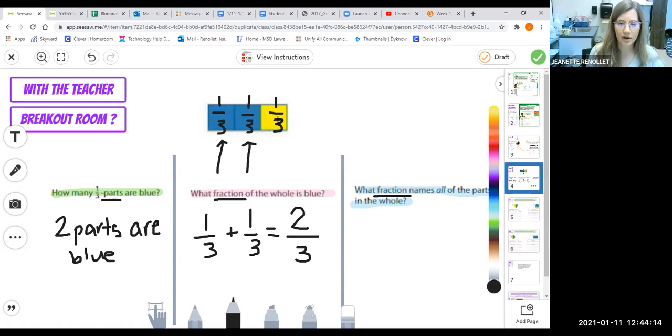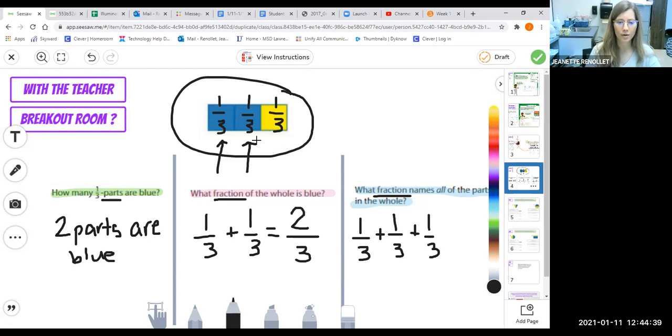I know I have 3 parts because I've got 3 equal parts. So I have 1/3 plus 1/3 plus 1/3. I know that if I add all of these together, that will equal the whole.